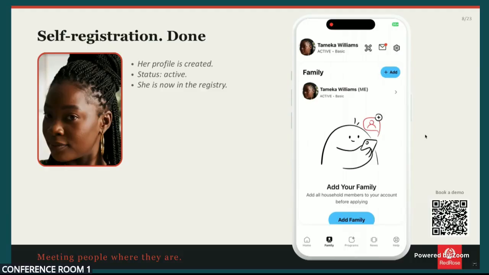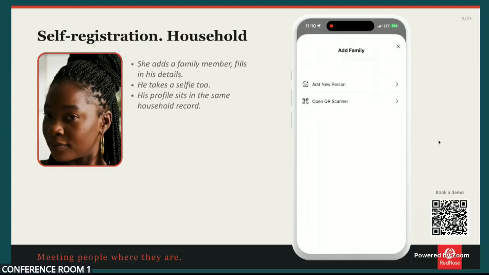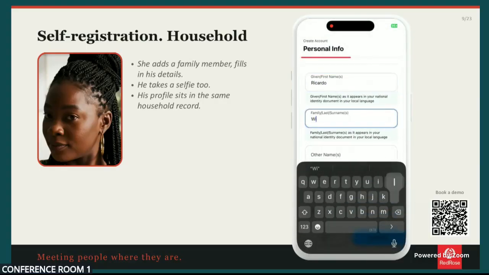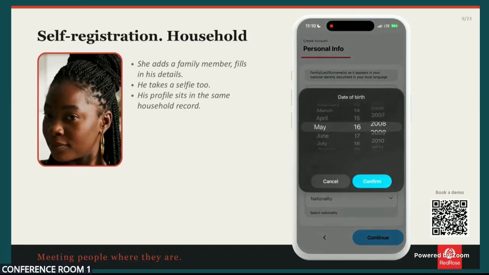Now, her profile is confirmed, it's active, it's created, but normally the real programs in the field are not targeting individuals, right? They're targeting households in general. So here, Ms. Williams is able to add her household member or a codependent to her household.